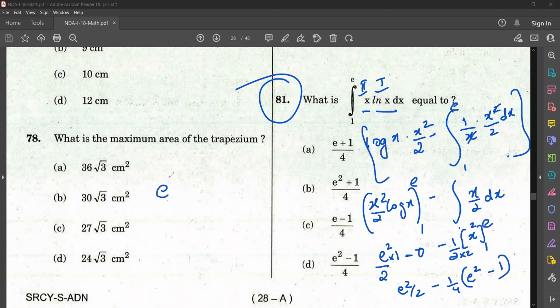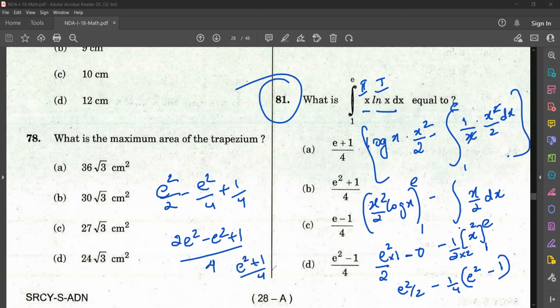So that is e square by 2 minus e square by 4 plus 1 by 4. Just cross multiply, you will get it as (2e square minus e square plus 1) by 4. So that is (e square plus 1) by 4, option B.